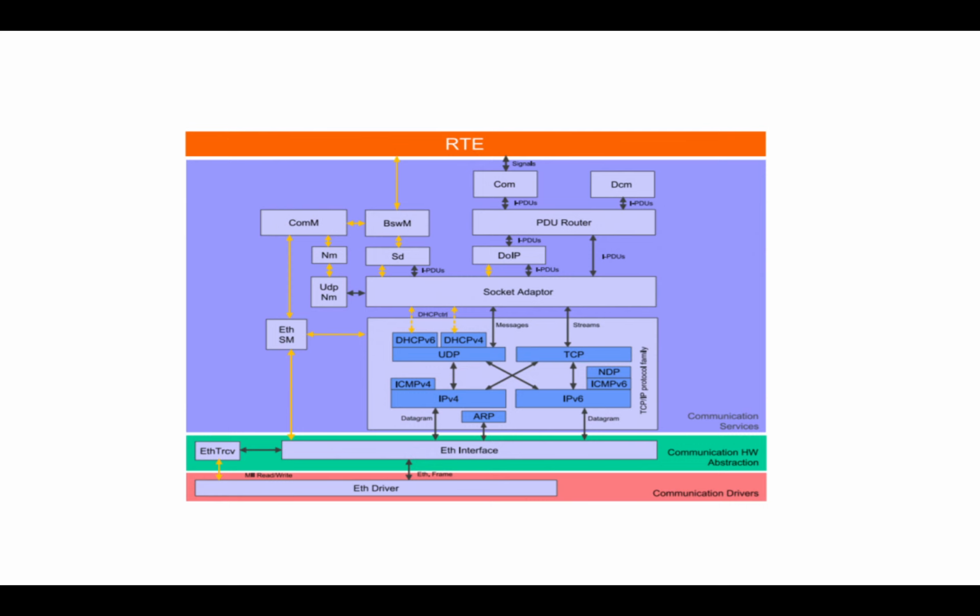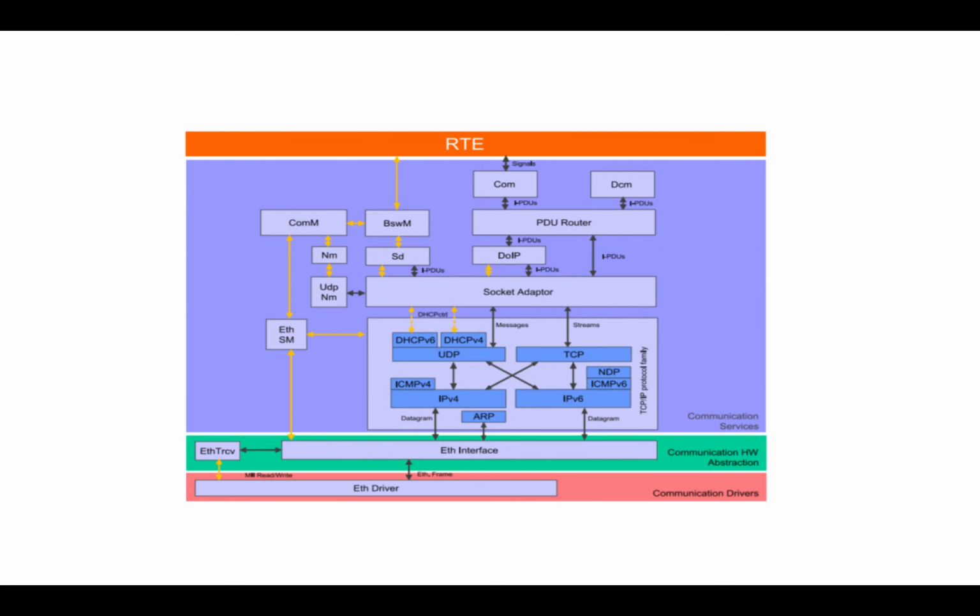In the PDUR, usually for other communications, for example CAN or FlexRay, we route from the PDUR to TP, or CAN interface, or FlexRay interface, or FlexRay TP, CAN TP.